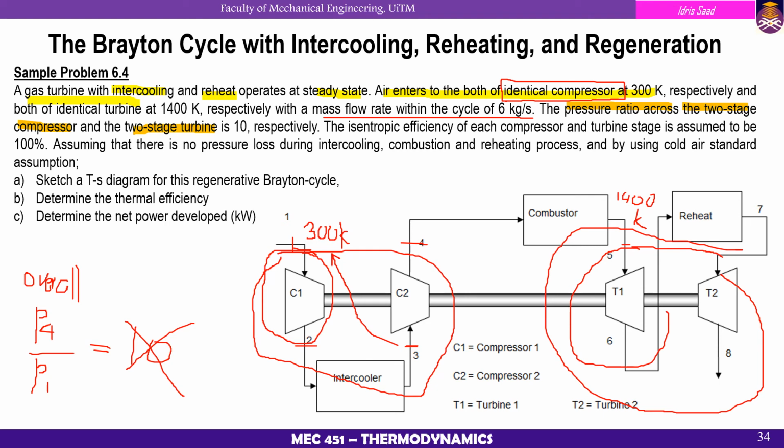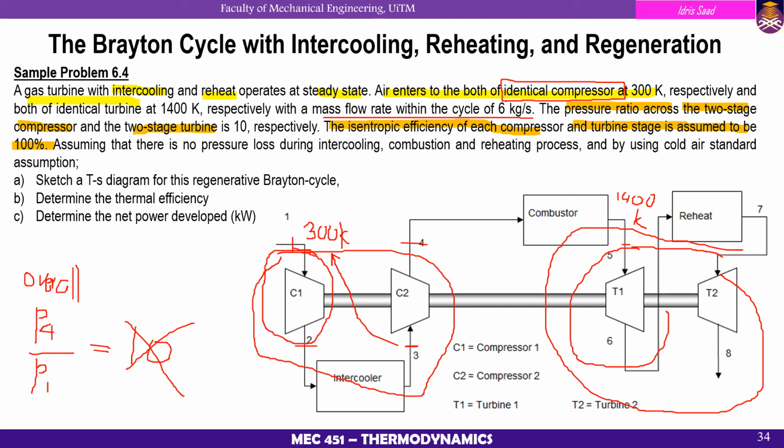The isentropic efficiency for each compressor and turbine is assumed to be 100%. This makes the problem easier, because we do not need to calculate the actual states, such as T2a or T4a.